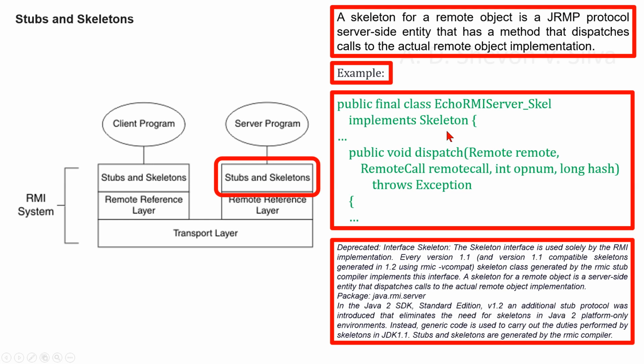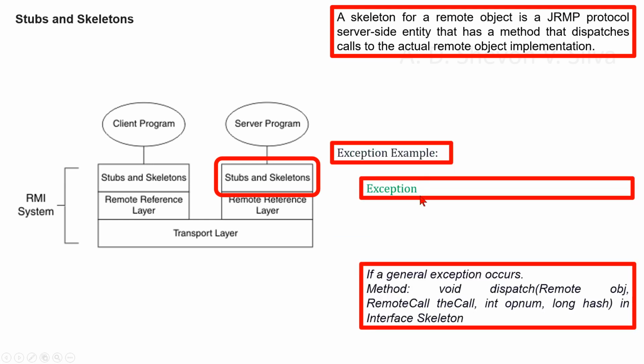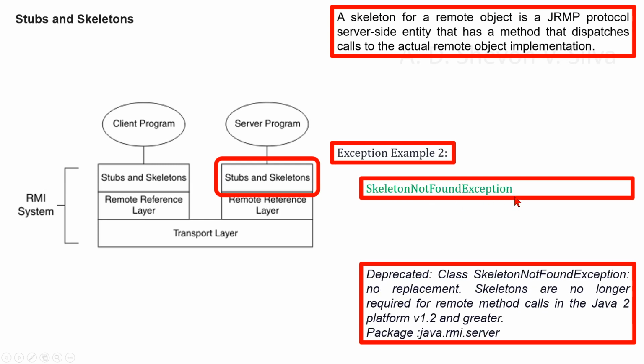As an example, we can consider exceptions. A general exception may occur in the method void dispatch(Remote, RemoteCall, int, long) of the Skeleton interface. As exception example 2, we can consider SkeletonNotFoundException. It is a deprecated class, with no replacement.